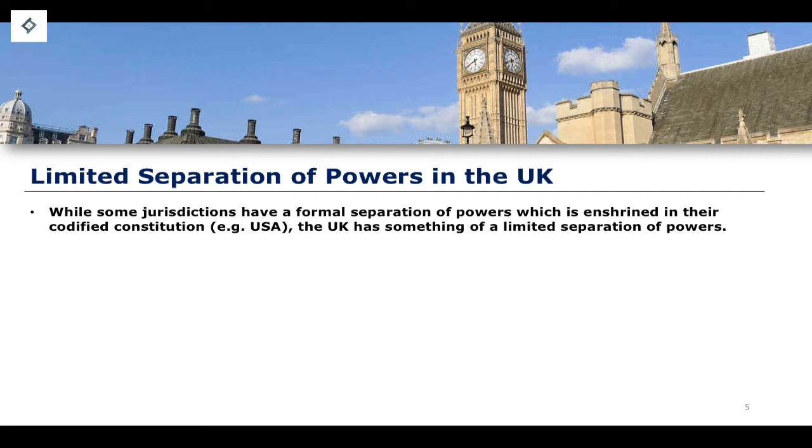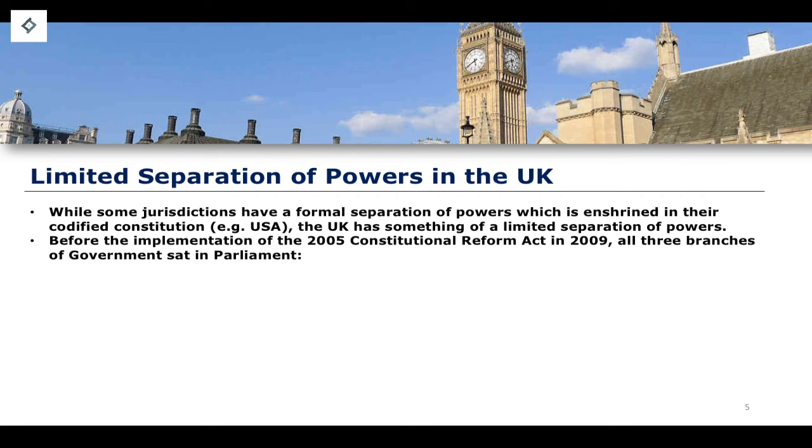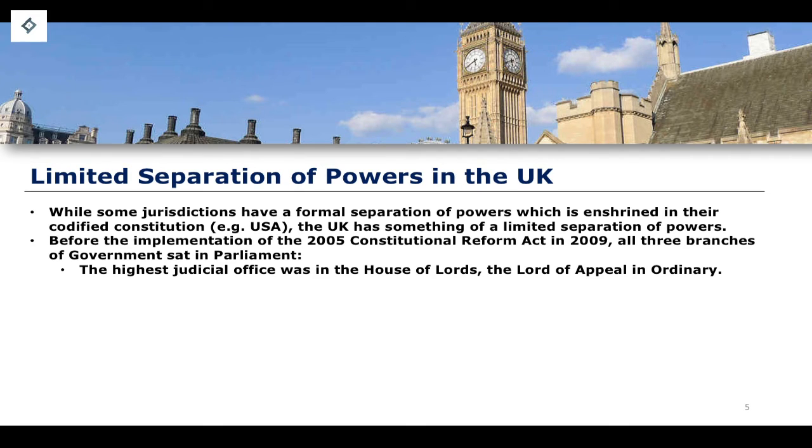Compare that then to the UK's system of separation of powers, where we have a significant limitation. Before the implementation of the 2005 Constitutional Reform Act, i.e. before the Supreme Court was opened in 2009, all three branches of government sat in Parliament. The highest judicial office was the Lord of Appeal in Ordinary, which sat in the House of Lords, the Law Lords.